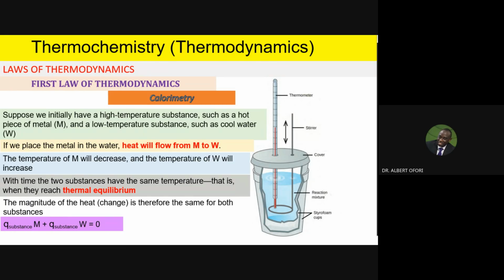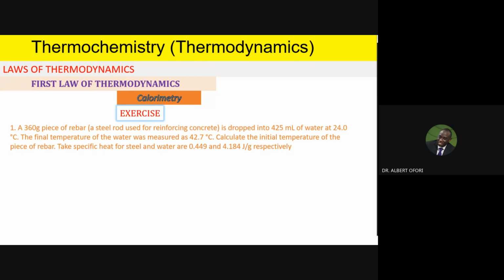And what are we doing? We are just applying the first law of thermodynamics, which says that we can't create energy, we can't destroy energy. Let's use this to see if we are following. Of course, we know the definition of heat. If we are using heat capacity, then heat is equal to the heat capacity times the change in temperature. If you are using specific heat capacity, then heat is equal to the mass times the specific heat capacity times the change in temperature.